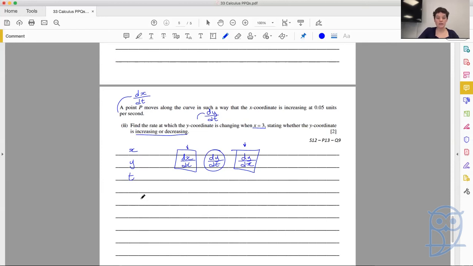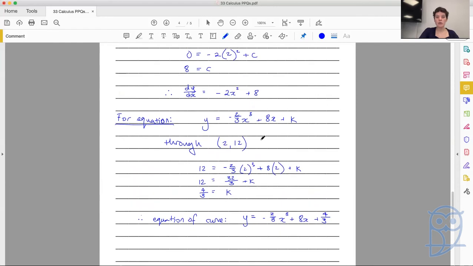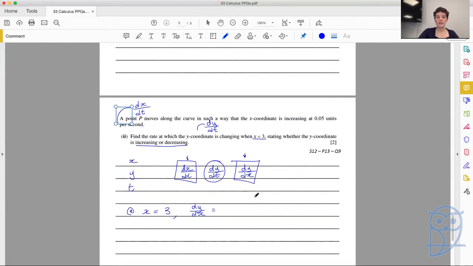So let's set ourselves up with the values that we need. At x equals 3, dy by dx equals, dy by dx was minus 2x squared plus 8. So minus 2 times 3 squared plus 8. So dy by dx equals minus 10.